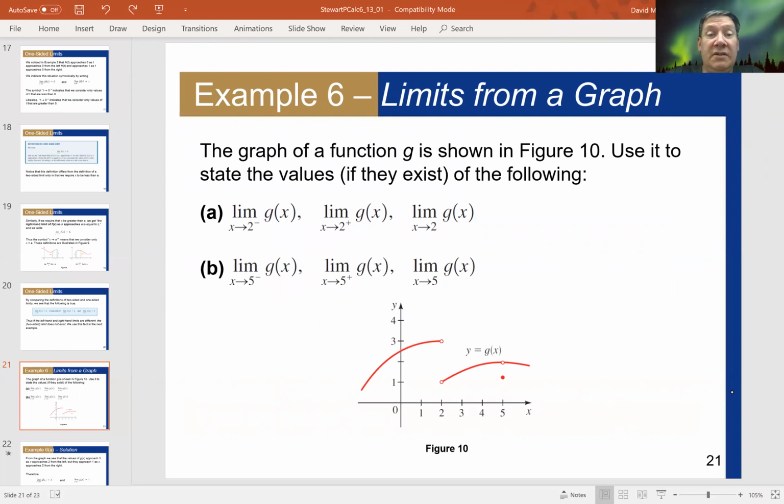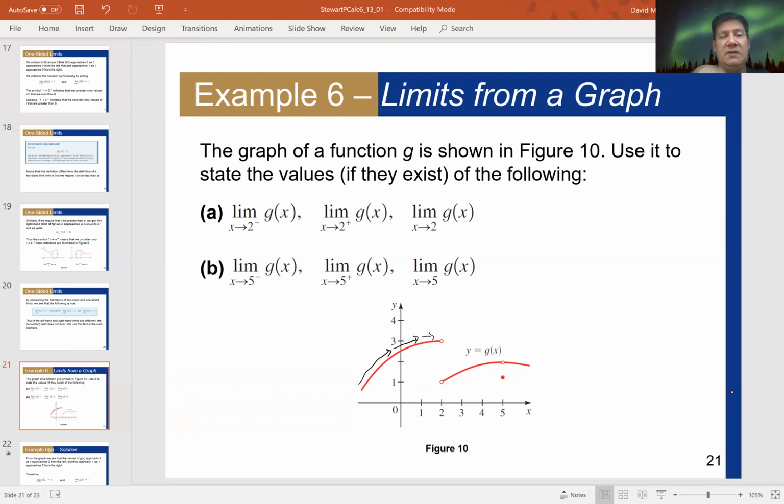So here's a funky looking little monster here. So they want you to, let's go through and practice here. All right, so this is the function g of x. We're looking for, in part A, the limit as x approaches 2 from the left. So that means we'll trace our function here. We're headed towards positive 2. So we're coming from this direction. We're following the graph. It looks like it's increasing.